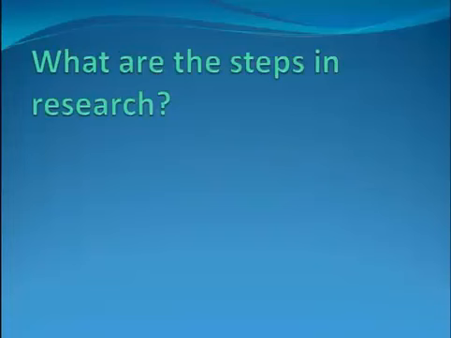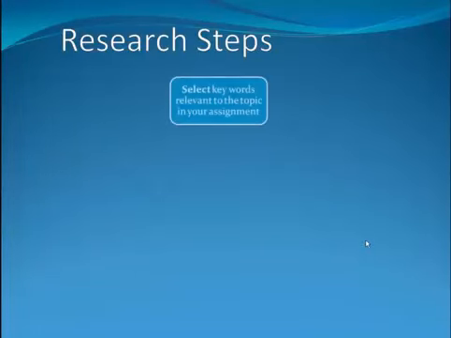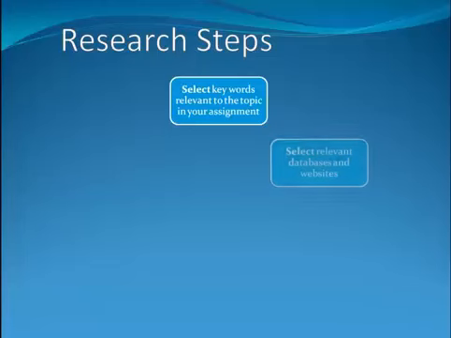So, what are the steps in research? The research steps include selecting keywords relevant to the topic in your assignment. Essentially, keywords are words that reflect the topic of your assignment. Another step in the research process is to select relevant databases and websites.